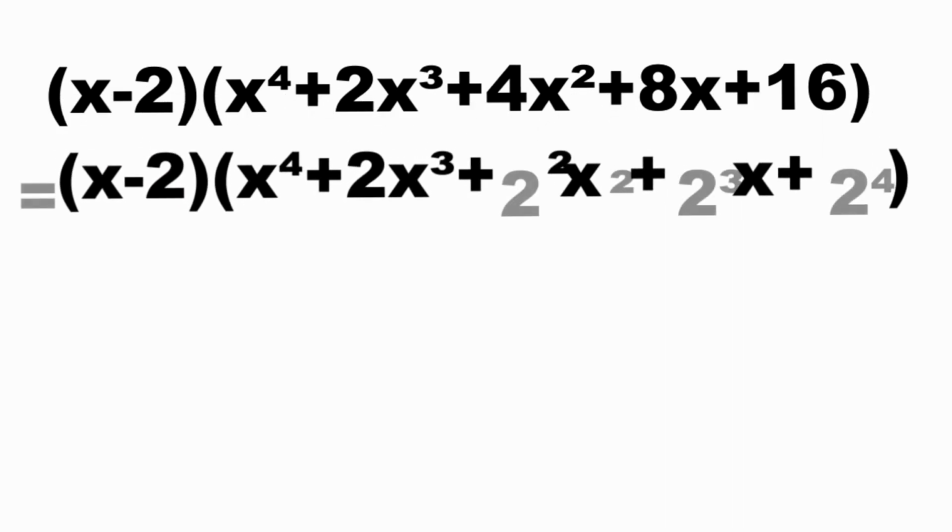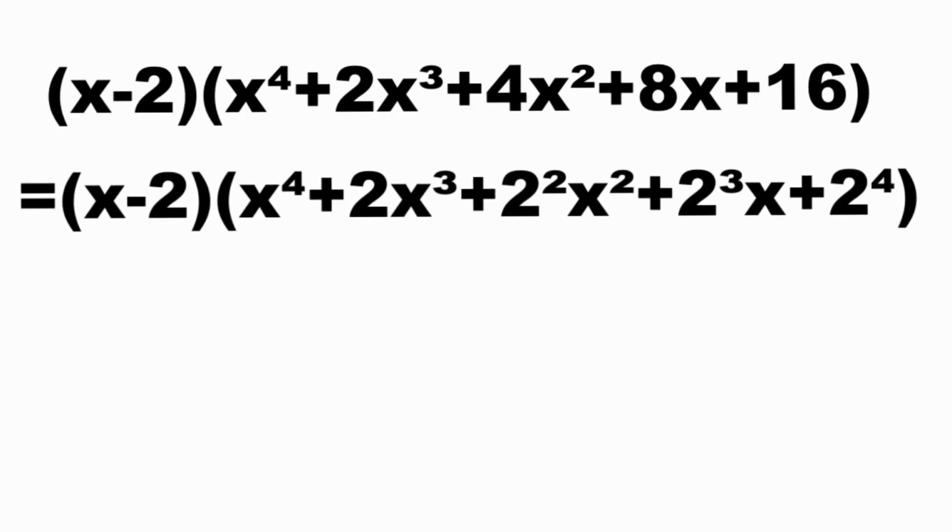So we have x, quantity x minus 2 times x to the fourth plus 2x cube, and here we have 4, which is 2 squared, x squared, plus 2 cube, which is equal to 8, plus 2 to the fourth, which is equal to 16.